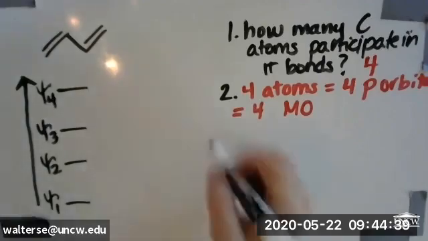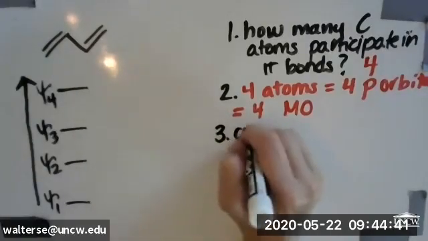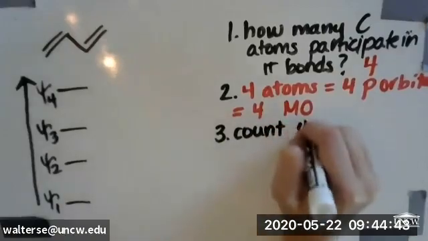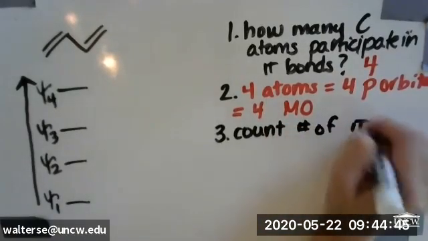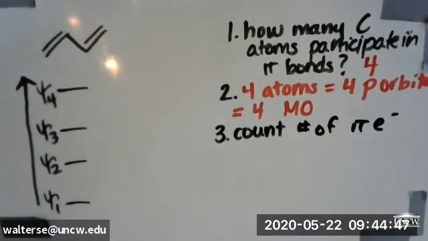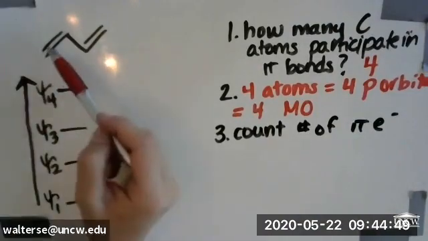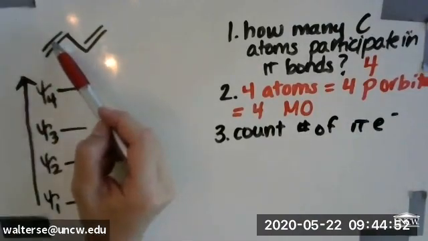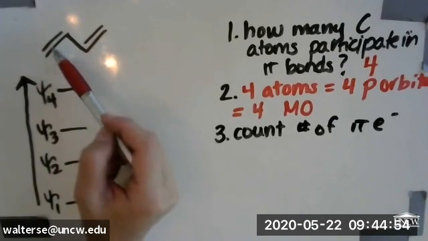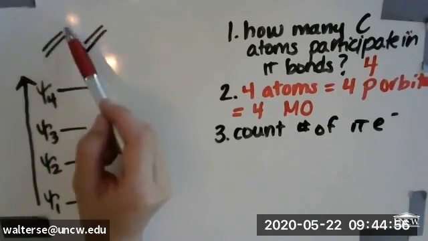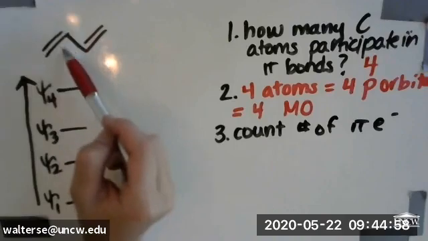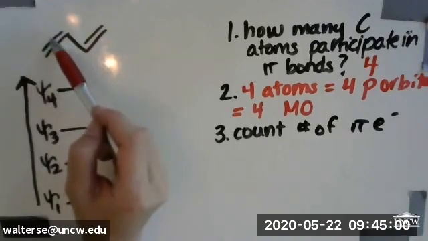And then what you do is you go and you count the number of pi electrons. So how many electrons are in the pi bonds? There's 2 in this pi bond. Each bond has 2 electrons. So there's a sigma and a pi. So of these 4 electrons, 2 are sigma bond electrons, 2 are pi bond electrons.